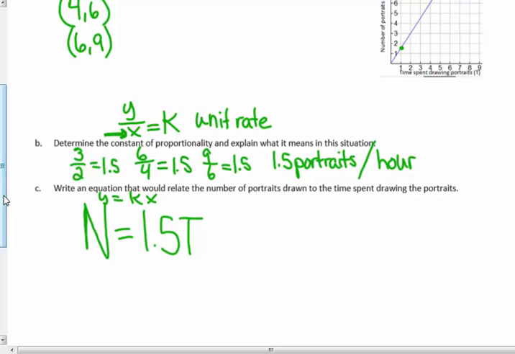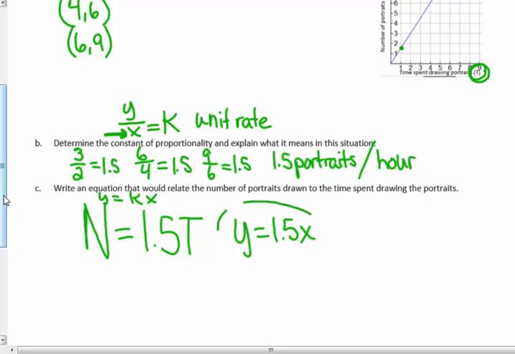That's the equation relating the number of portraits, which they called N, equals the constant, which we found, which was 1.5, times the capital T, the time. I could have said y equals 1.5x, but I wanted to put it in the relationship of what variables they used, the T and the N.